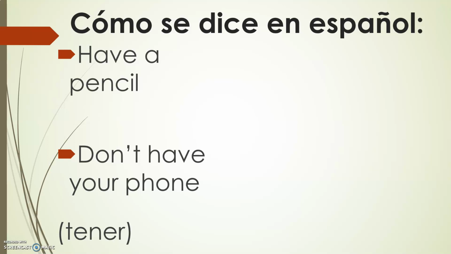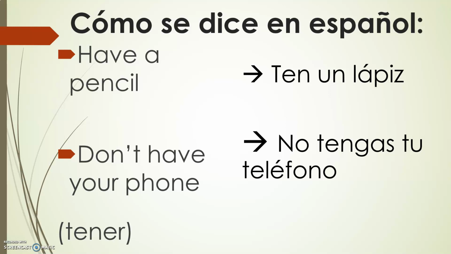Finally, ¿cómo se dice en español have a pencil and don't have your phone? The verb is tener. The correct answers are ten un lápiz and no tengas tu teléfono.